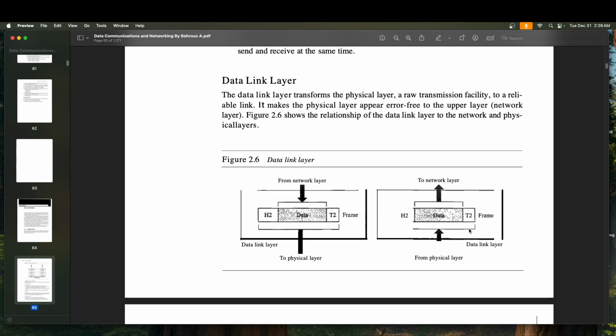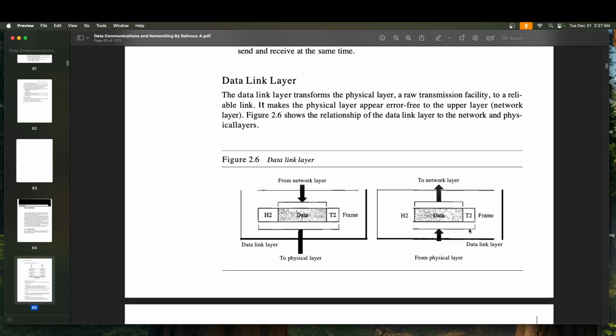Ideally, you send a 1 and the receiver also gets a 1. So instead of sending the entire data, we do framing and send it in the form of frames, and then we add certain bits so that the receiver can know at reception time whether there was any error or not.